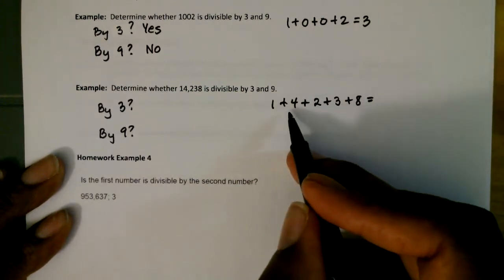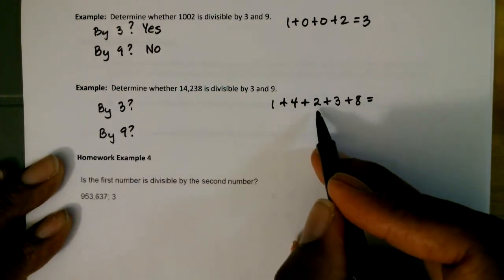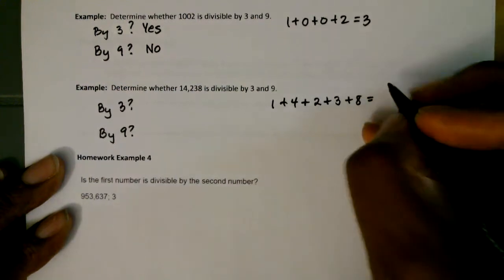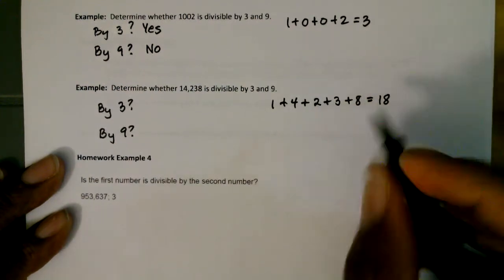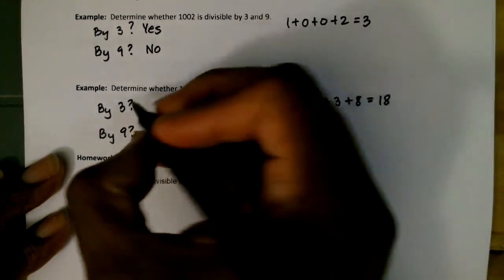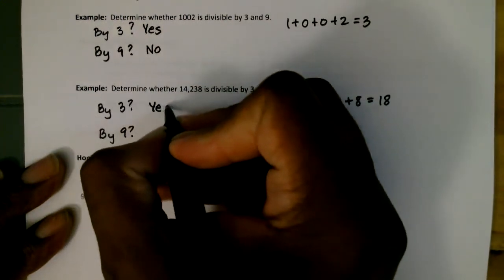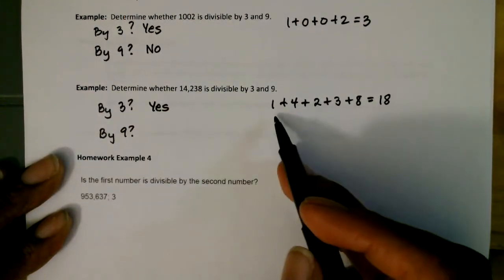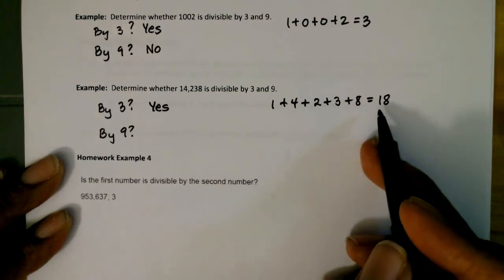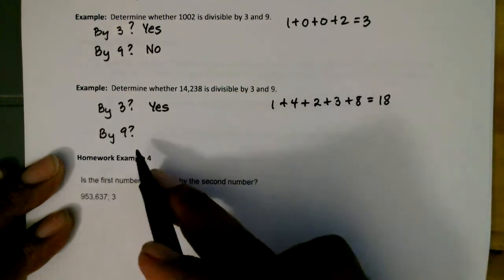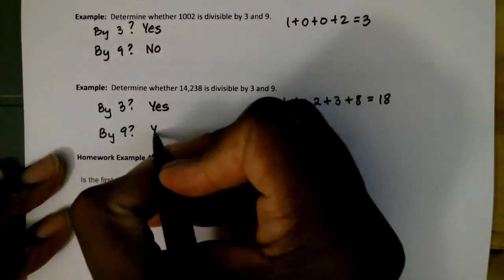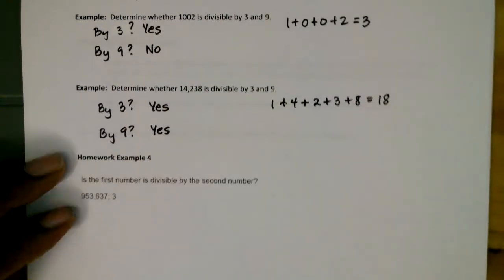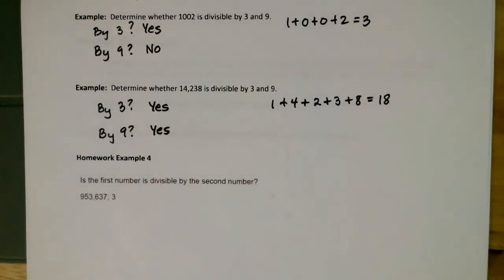So in this case here, 1 plus 4 will be 5 plus 2 is 7 plus 3 is 10 plus 8 would be 18. Here, 18 is divisible by 3. So that means 14,238 is divisible by 3. And what about by 9? Well, if we took the sum of the digits here, we came up with 18. 18 is divisible by 9. So 14,238 will be divisible by 9.